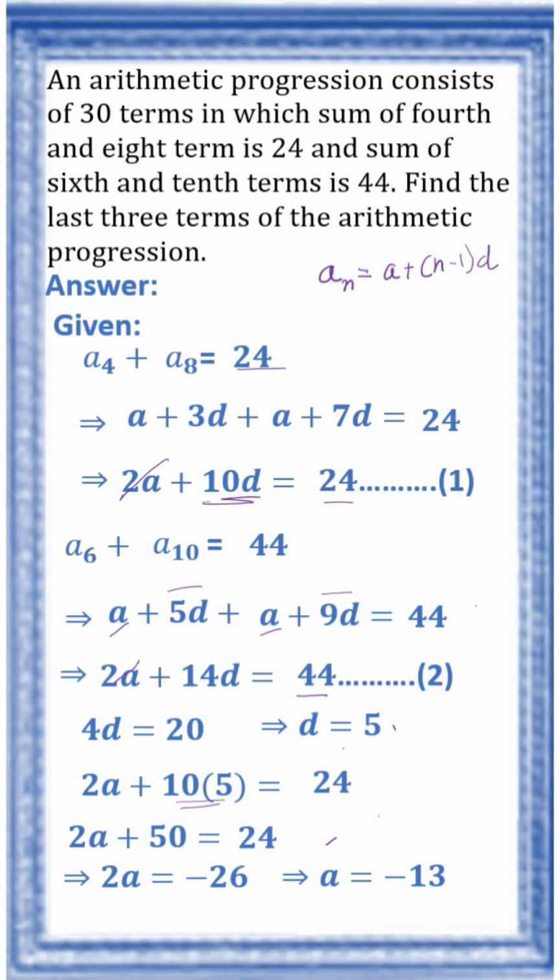So a is equal to minus 13. So the first term is minus 13, d is equal to 5.